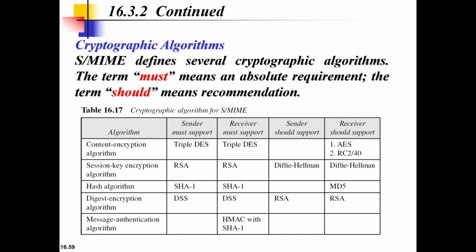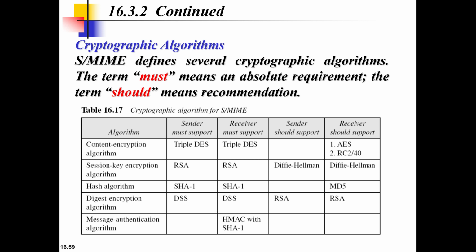Session key encryption algorithm. Sender must support RSA, receiver must support RSA, sender should support Diffie-Hellman and receiver should support Diffie-Hellman as well. Next is hash algorithm. Here sender must support SHA-1.